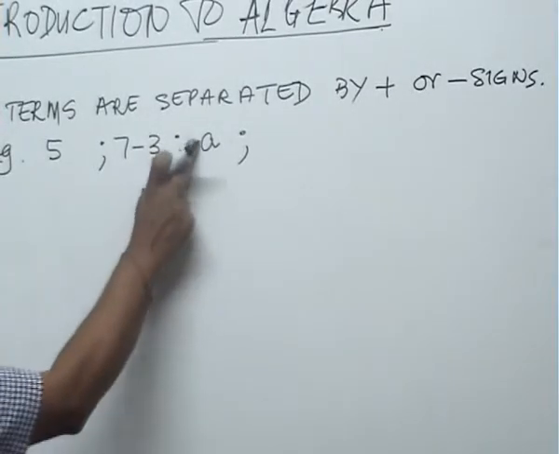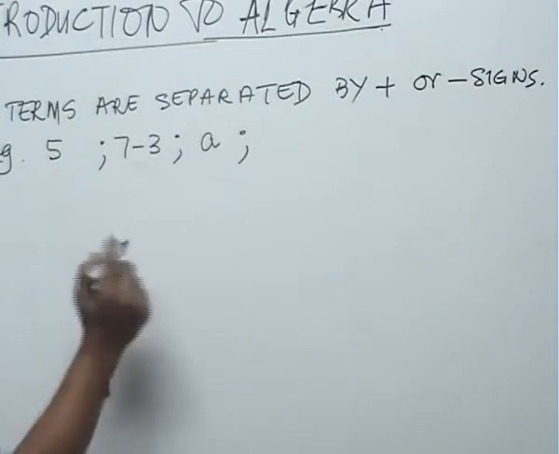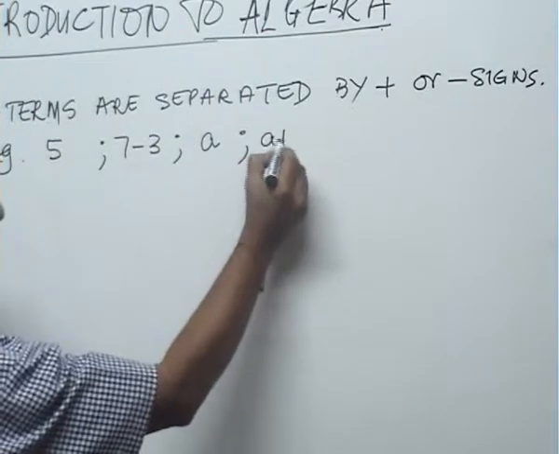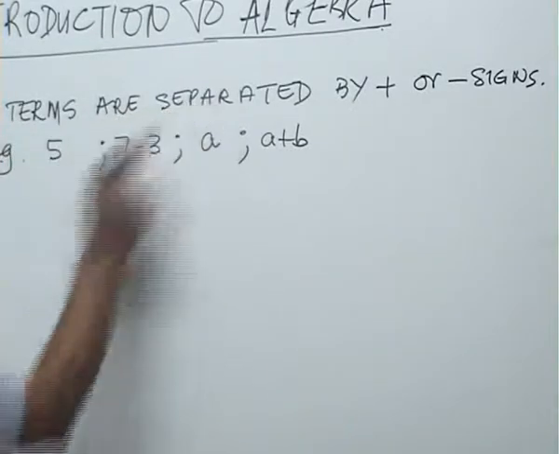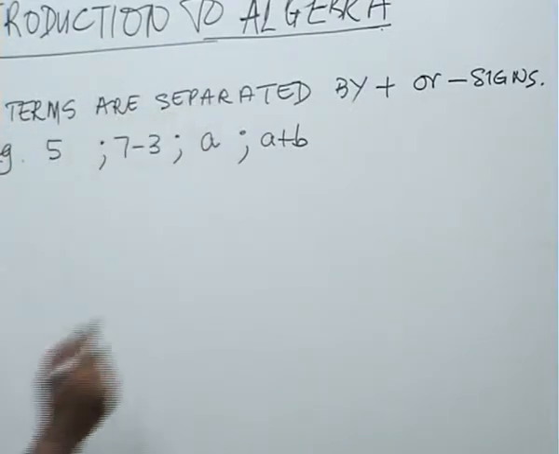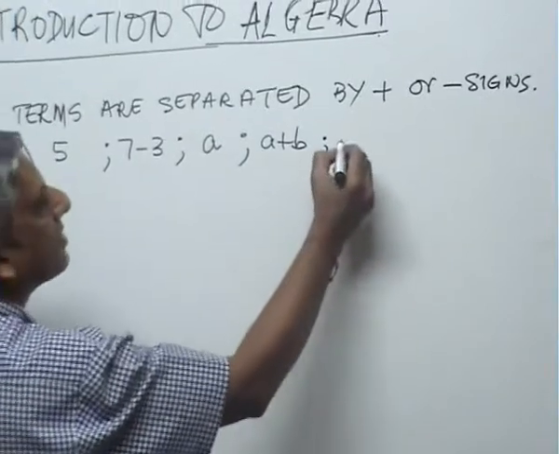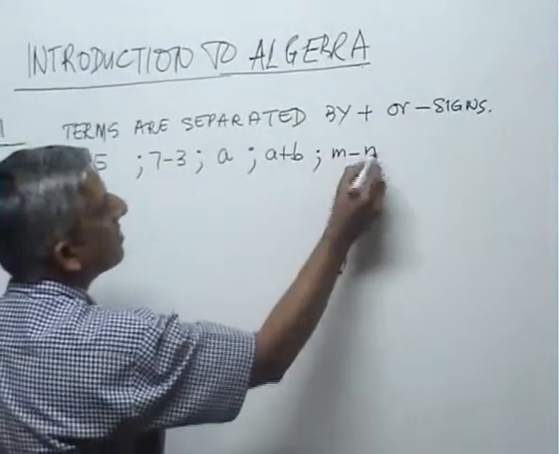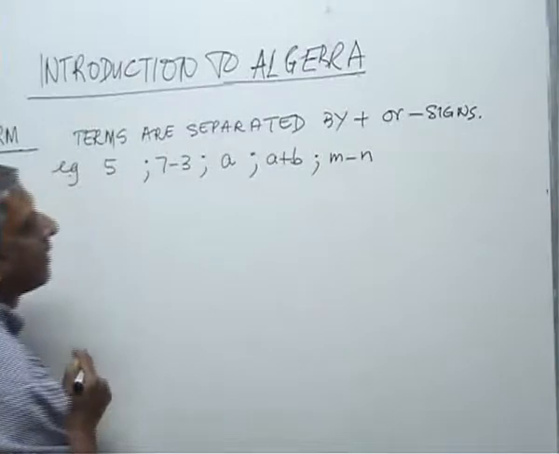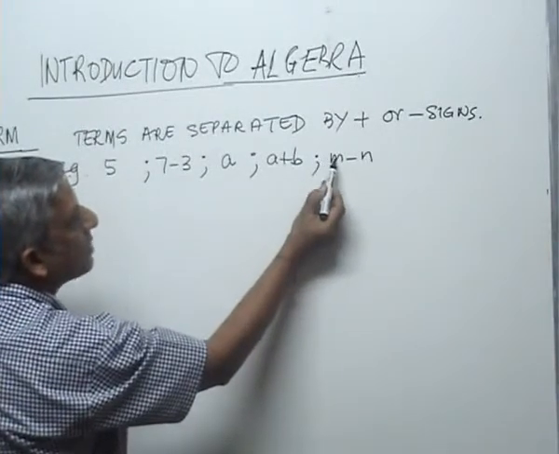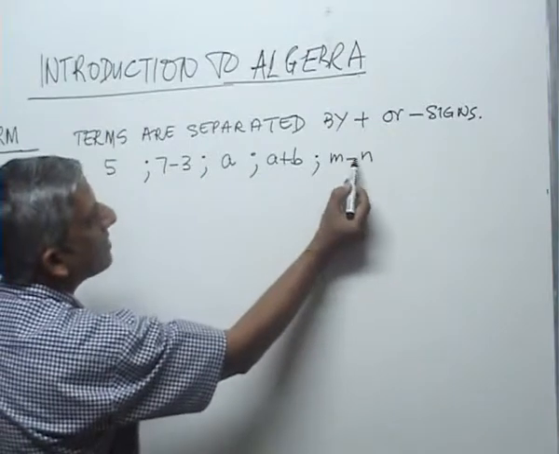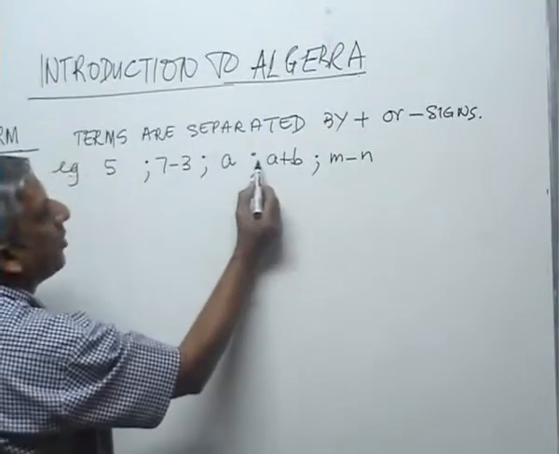So understood means it is there, but it is not written. So if you take A plus B, then those are two terms, because terms are separated by plus or minus signs. If you take something else, M minus N, you got two terms, because there's a plus that's understood here. So plus M is one term, minus N is another term.